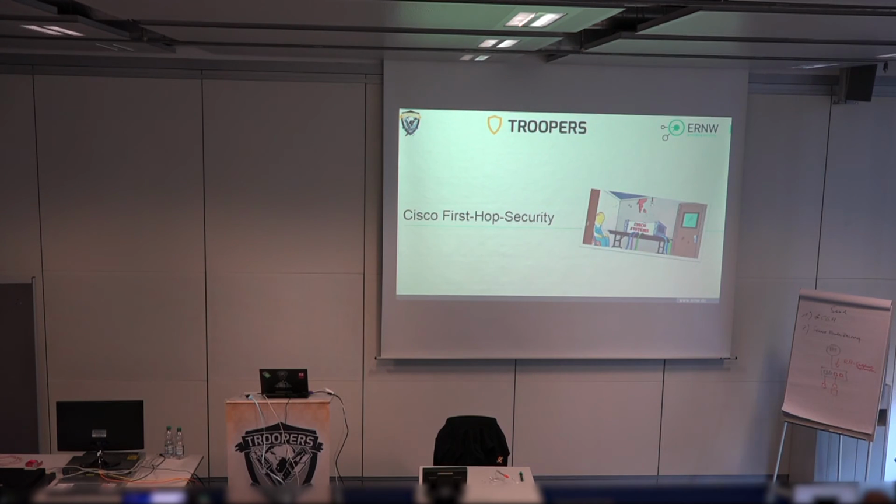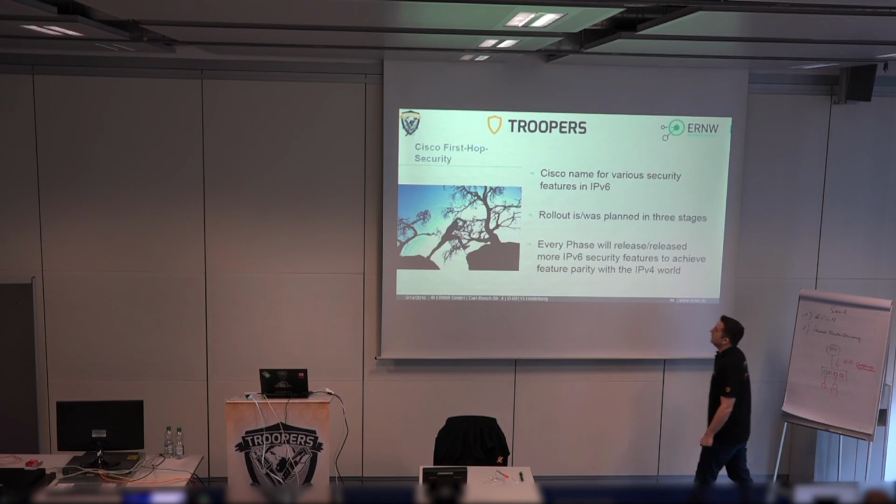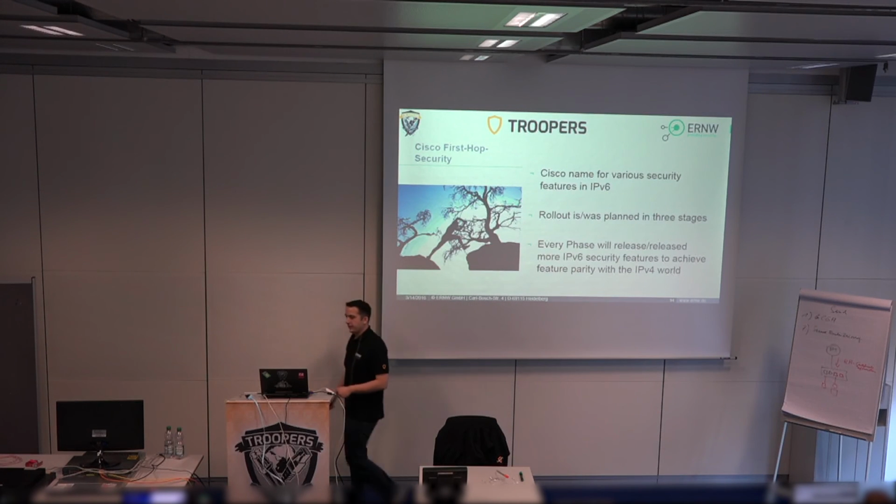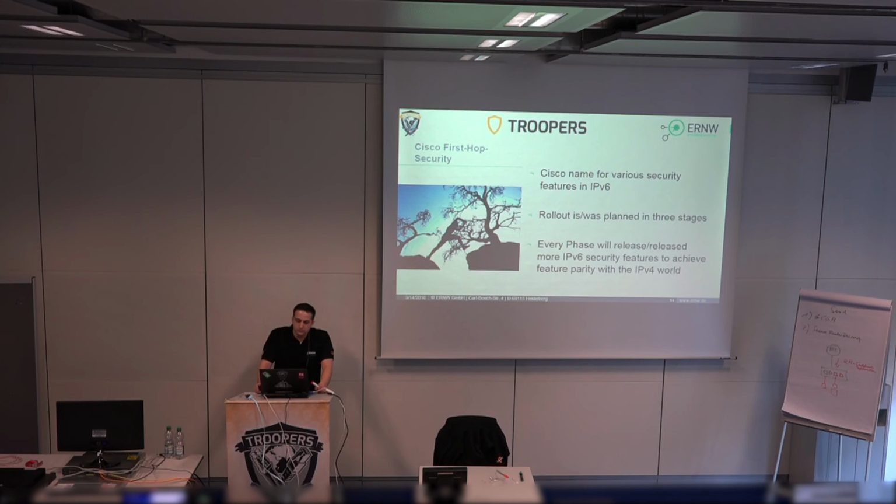So on your first hop, your switch, you implement specific features to prevent some kinds of attacks. Cisco implemented these features in a phased approach, divided into 3 phases, 1, 2, and 3, where in every phase new features were implemented into the boxes.